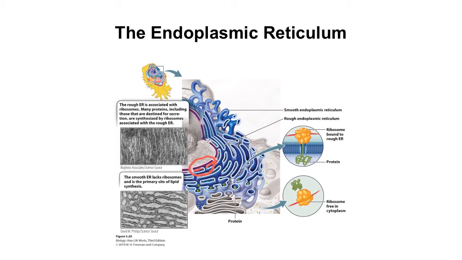So if you look at these schematics, the ER is a large organelle in most eukaryotic cells. It produces many of the lipids and proteins used inside and outside of the cell. And if you look at the configuration or the pattern of the ER, it is actually a network of interconnected tubules, like so, right?